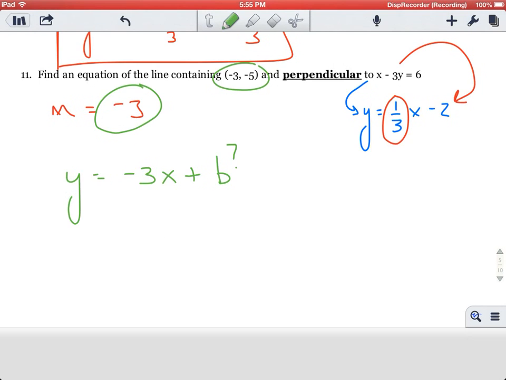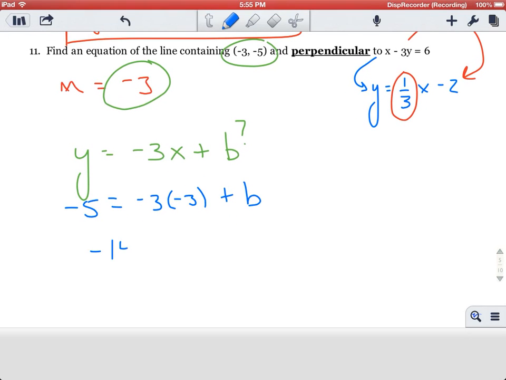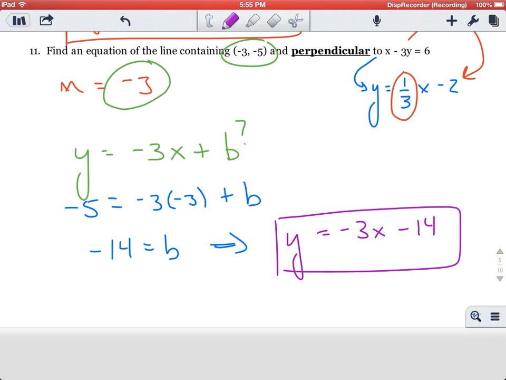We're looking for that b, and so we plug in -5, we plug in -3, we solve for b, and b is equal to -14. So we end up with an equation y equals -3x minus 14.